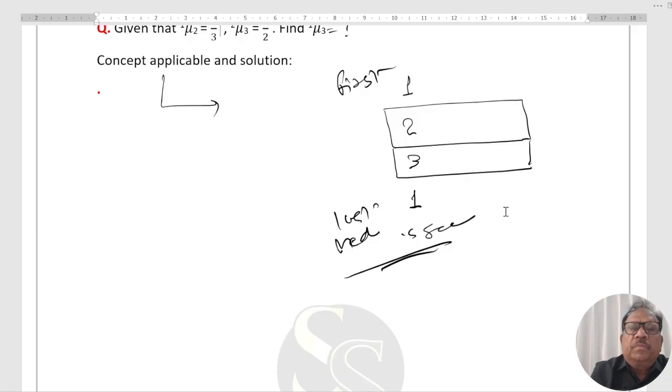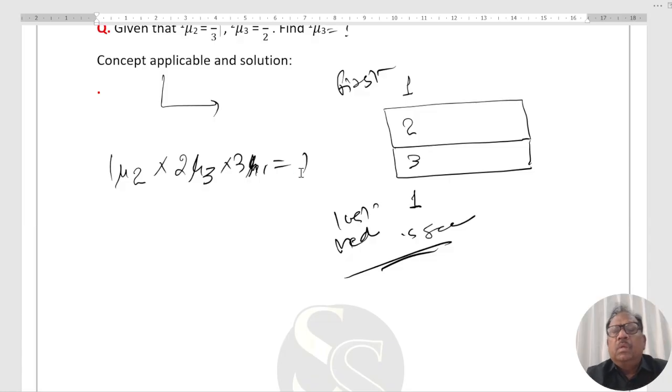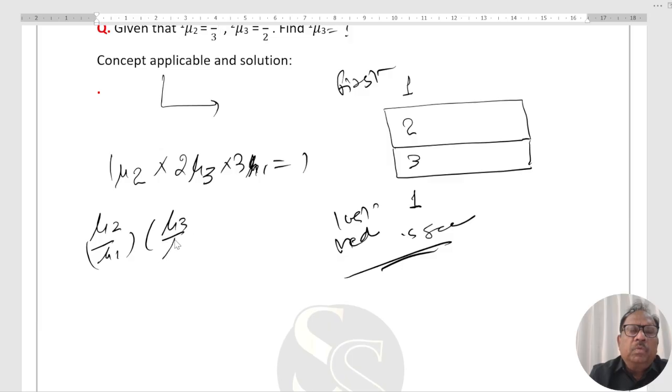In this case, 1 mu 2 into 2 mu 3 into 3 mu 1 will be equal to 1. That is, mu 2 over mu 1, mu 3 over mu 2, mu 1 over mu 3, equal to 1.